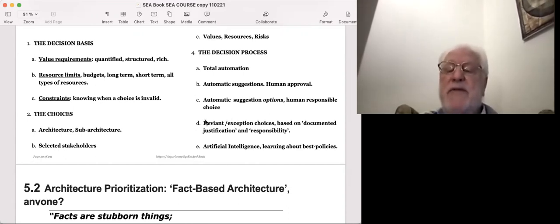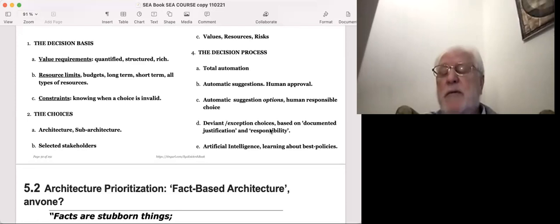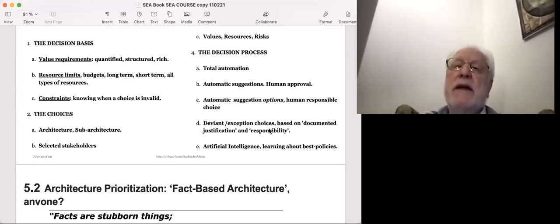Sometimes when we deviate from the advice in the system, we might have a requirement to document the justification and who is responsible for going outside the normal framework of, say, value to cost choices. We might choose value even for high cost in order to make a politically good impression on our stakeholders. I've done that early in projects quite intentionally.